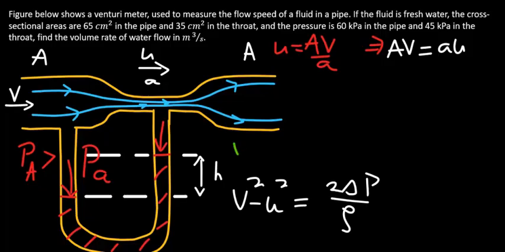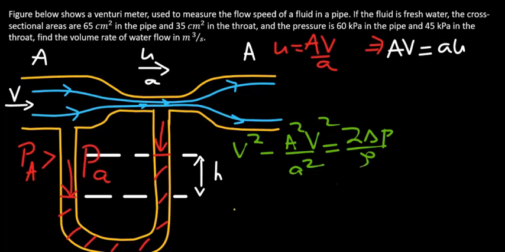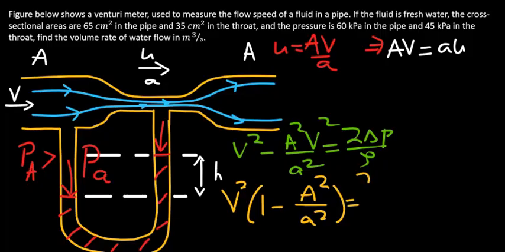If you do that, you get V squared minus A squared V squared over A squared equals 2 delta P over rho. Let's factor out the V squared, so you get 1 minus A squared over little a squared equals 2 delta P over rho.